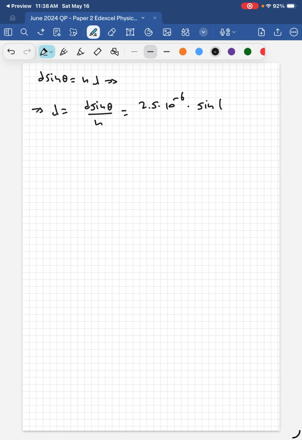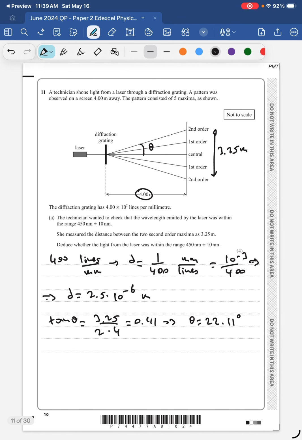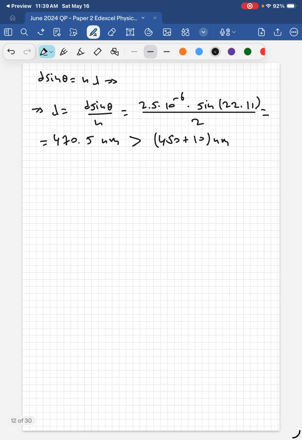Then we multiply by the sine of 22.11 degrees, and then divide by 2 to find 470.5 nanometers, which is larger than 450 plus 10 nanometers. So it doesn't work. So the light was not within the range.